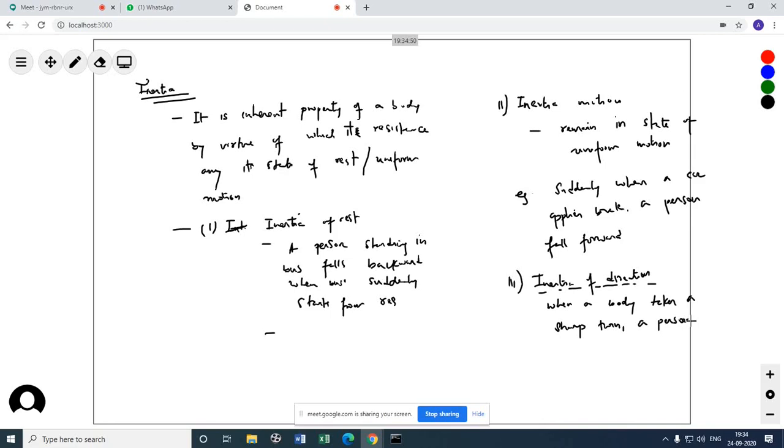A person sitting in the car experiences a force acting away from the center of the car's path.